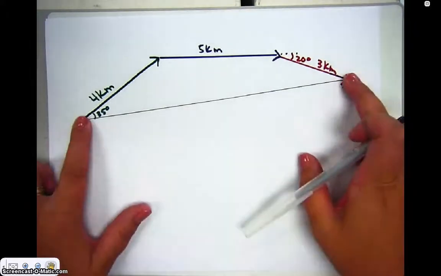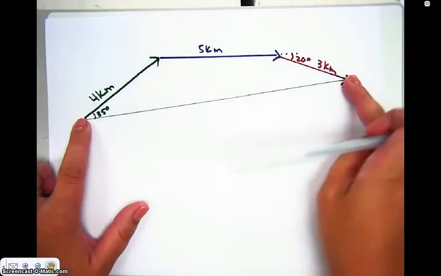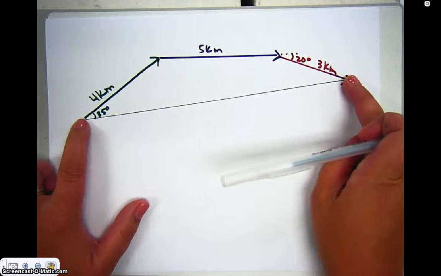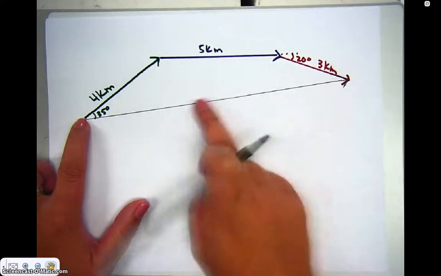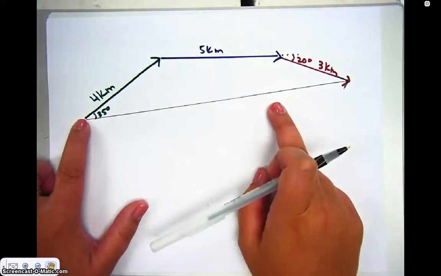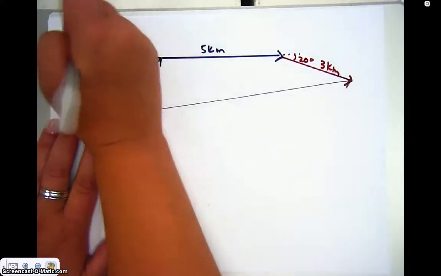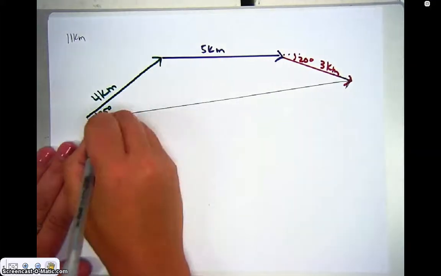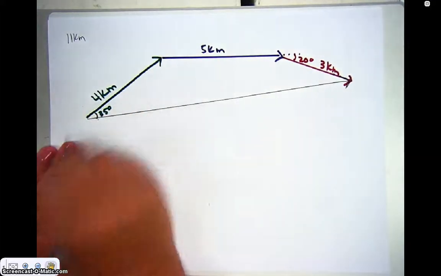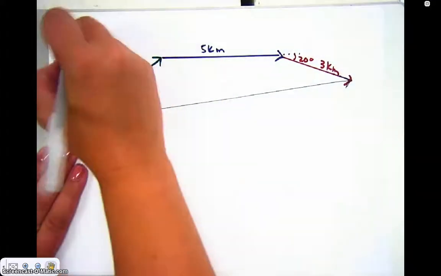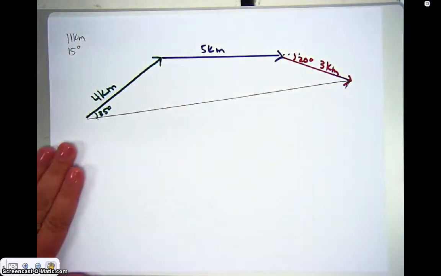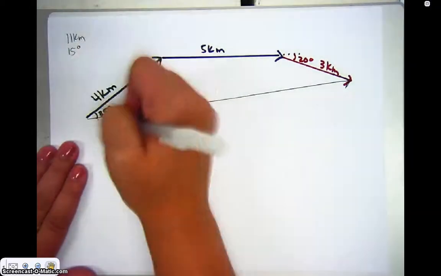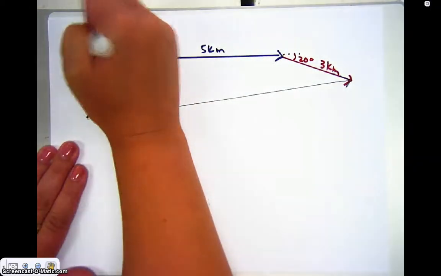If we look at this, this is 5, and here, I would say maybe that's like twice as long, maybe a little bit more. Let's just roughly guess, maybe that's 11 kilometers. And if we look at the angle, it's kind of a small angle. Let's just say maybe 15 degrees. Just eyeballing it. And that would be 15 degrees north of east.